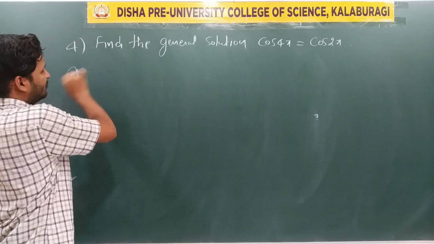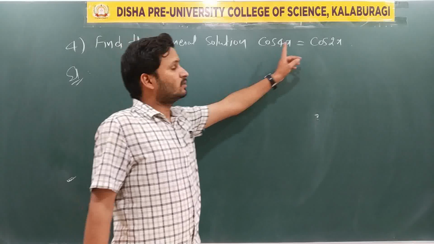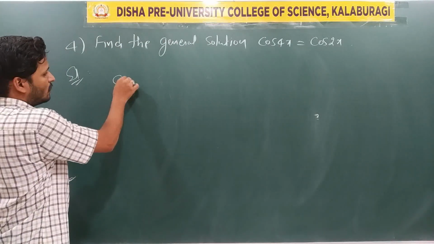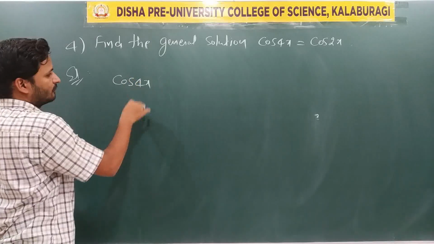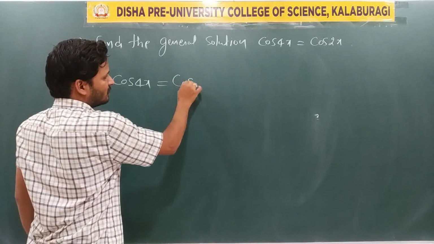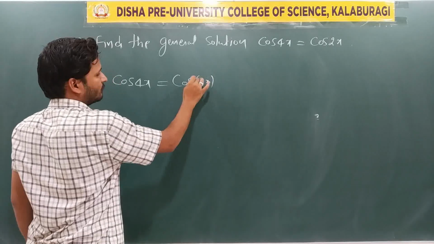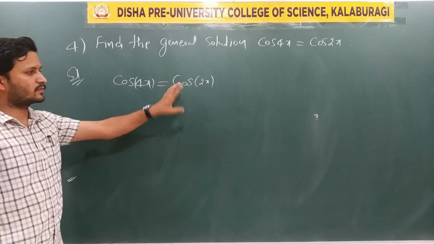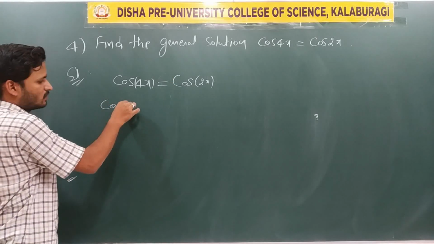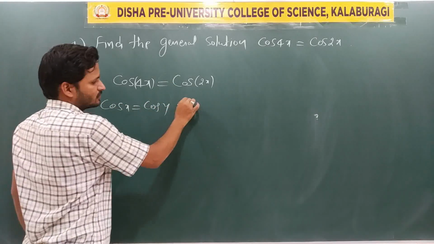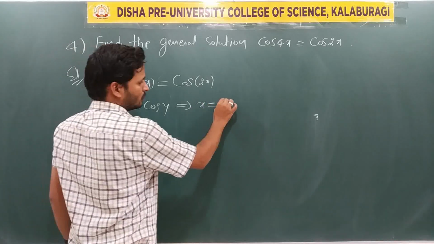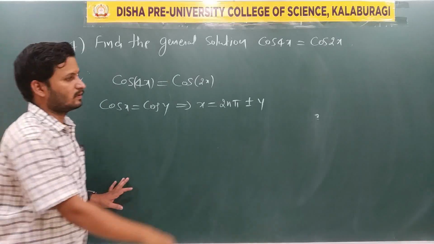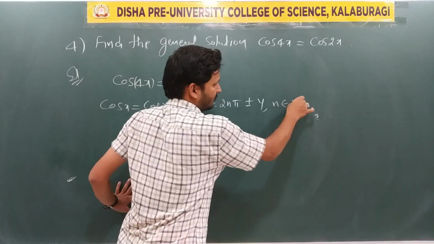So now this is of the form cos x equals cos y, so directly use that result. Cos x equals cos y implies x equals 2n pi plus or minus y, where n belongs to the set of integers.